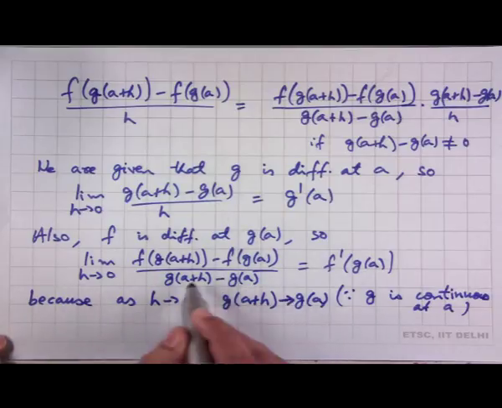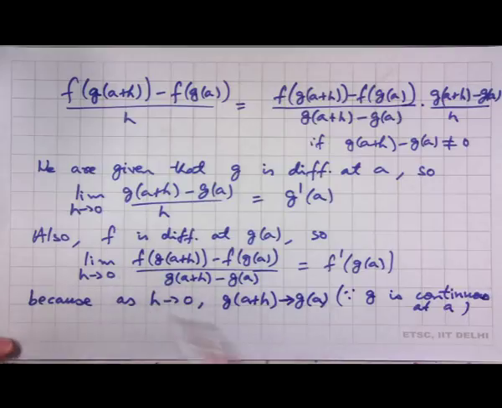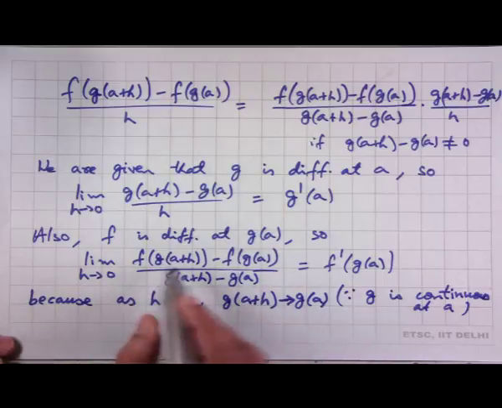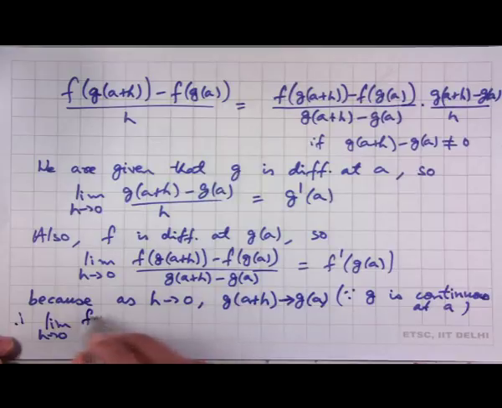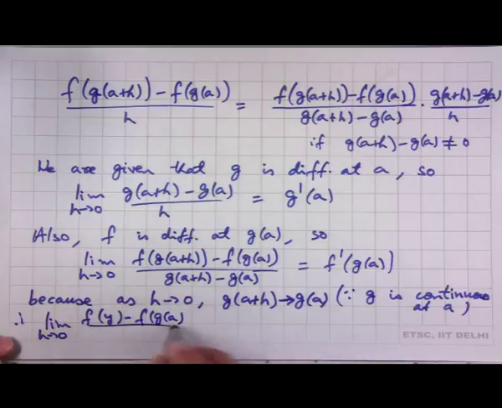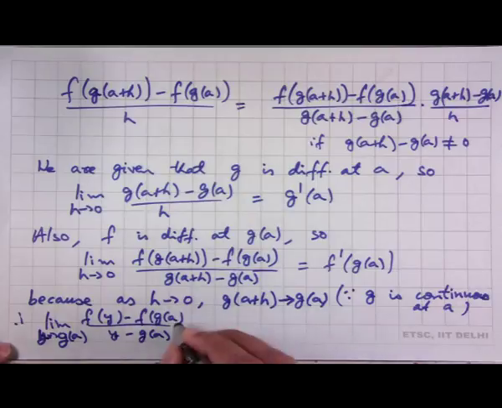So, this denominator goes to 0 and then this limit is the same as f of y minus f of g of a divided by y minus g of a, with y going to g of a, and this we know is equal to f prime of g of a.